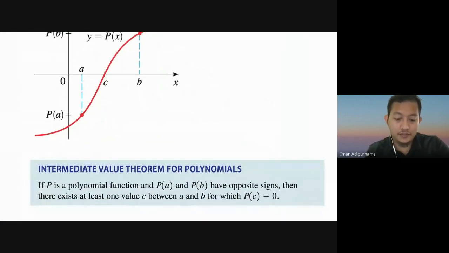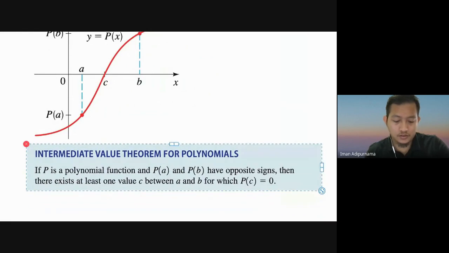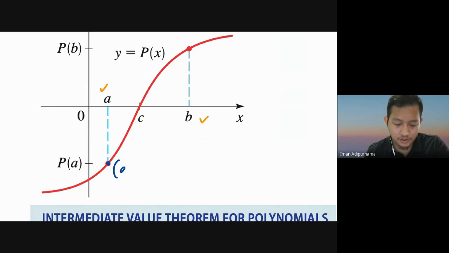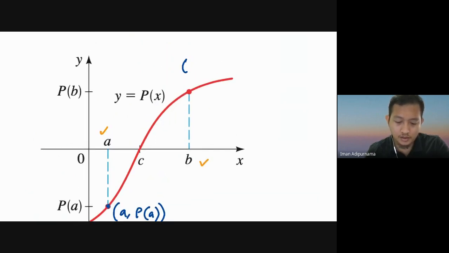There will be an intermediate value theorem for polynomials. It's similar to what we have learned in calculus, but you need to learn it here first. So imagine you observe the function p from a to b, okay? Let's say this is point a, p(a), and point b, p(b).